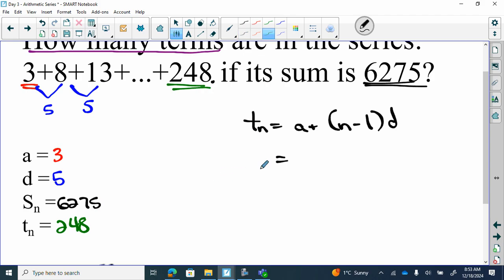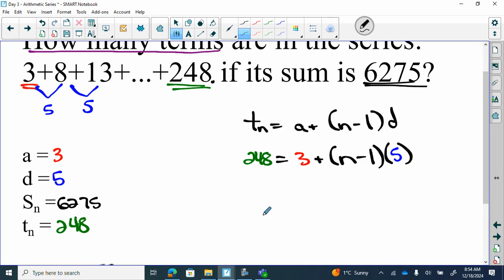Now, can I go to this formula right here? How many terms are in the series? The last term is 248. What's the first term? Plus n minus 1 times 5.